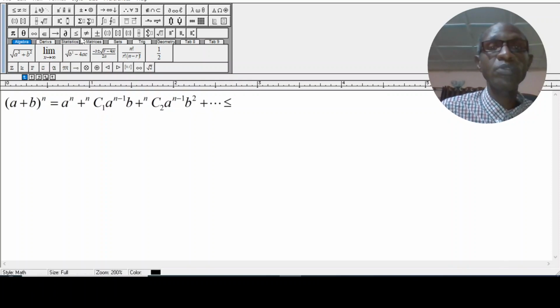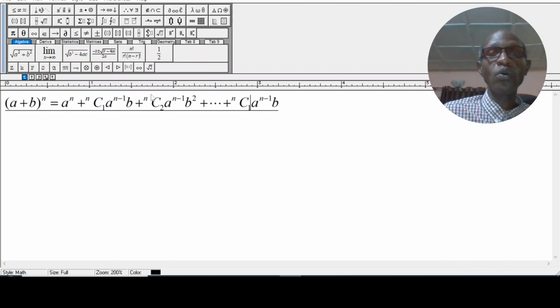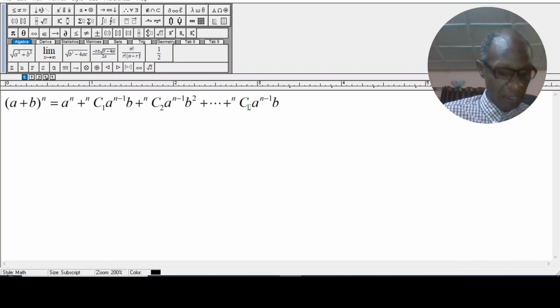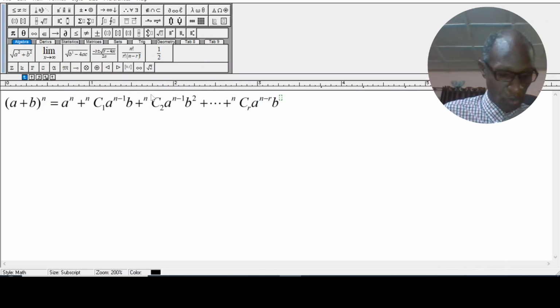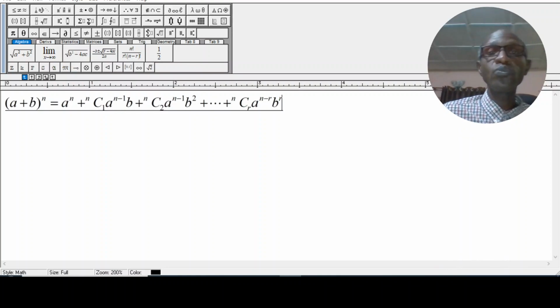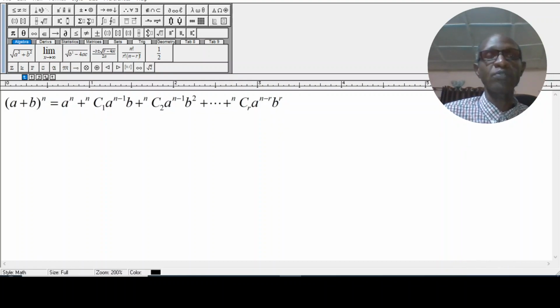Ellipsis is used for brevity, to show that there are some terms that still exist. Each term, as we keep on expanding, follows this pattern. This will be the pattern for every binomial expansion that we are given.